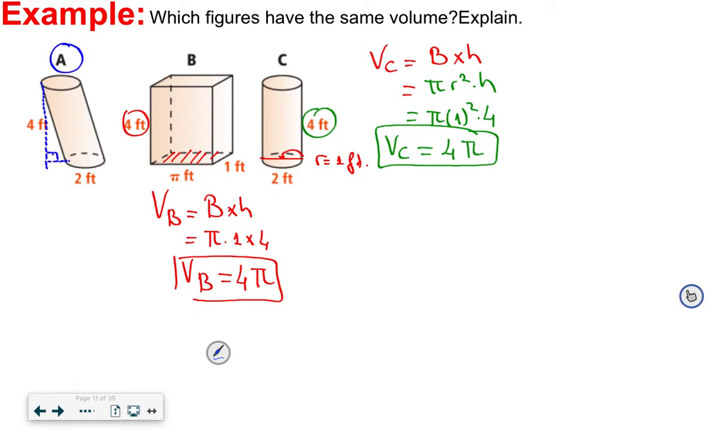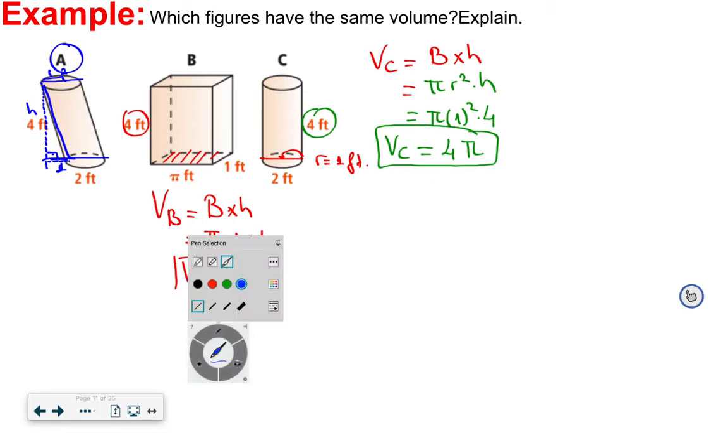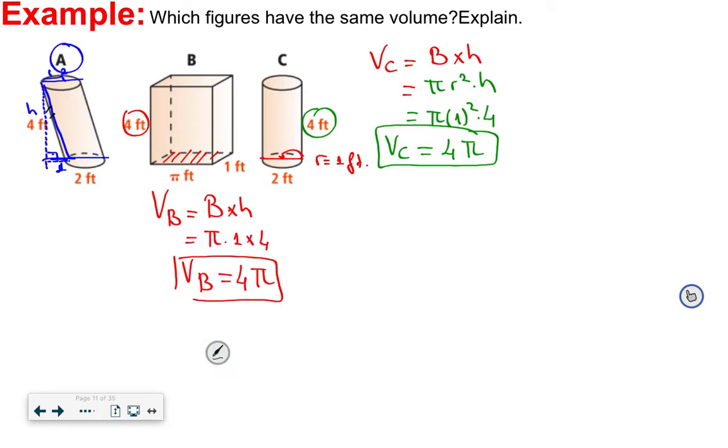And this is, ladies and gentlemen, diameter 2 feet, and this is the radius 1. So this is going to be 1 as well. So this is 4, this is the 1. I need to find the height. To be able to find the height, you can use Pythagorean Theorem. So let me take this over here. This is 4 feet, this is the 1 feet, and this is the height.